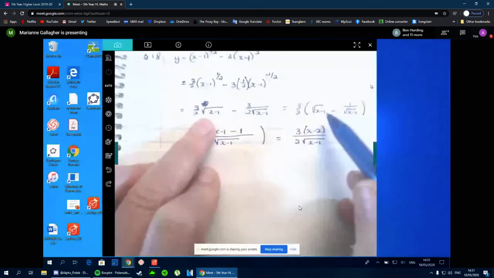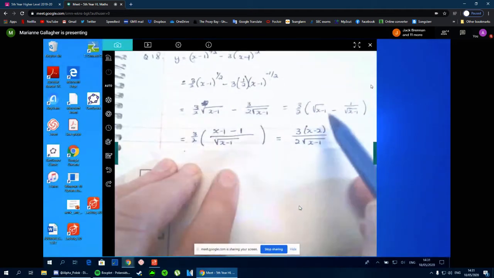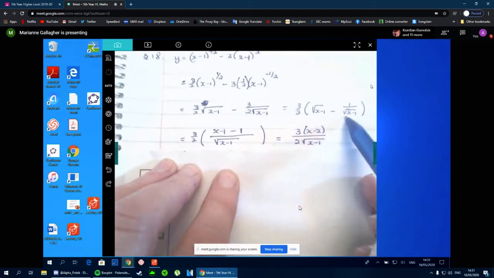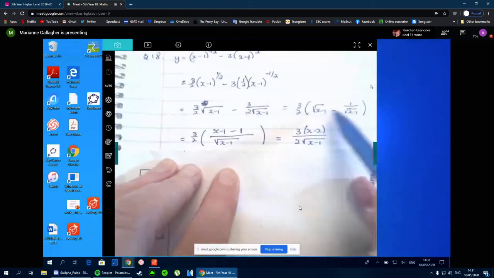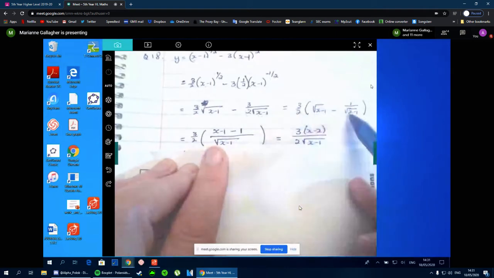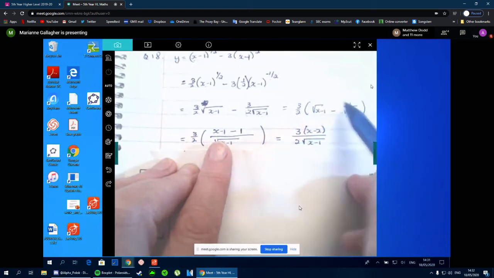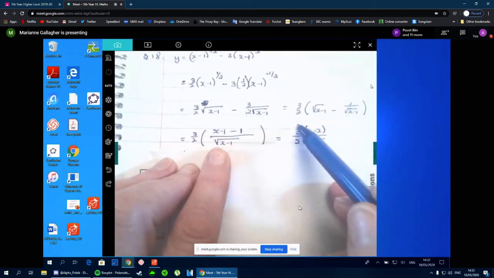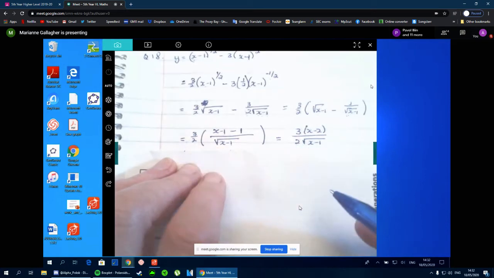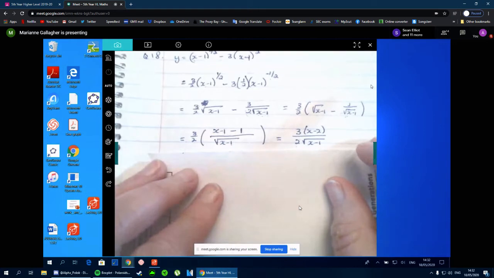So I just factored out the 3 over the 2 and wrote it out in front. And then I'm just multiplying this by this because to add and subtract whole numbers, I have to multiply by the common denominator. And a square root by itself is just x minus 1. I still have this minus 1, and my denominator is that. So that's x minus 2 over 2 root x minus 1. Okay? Yeah.